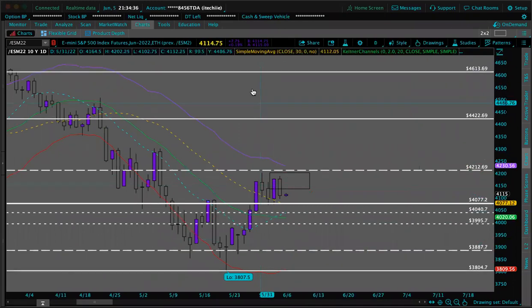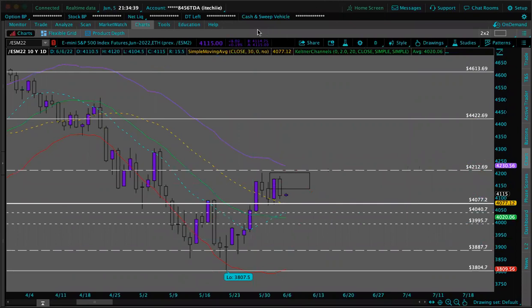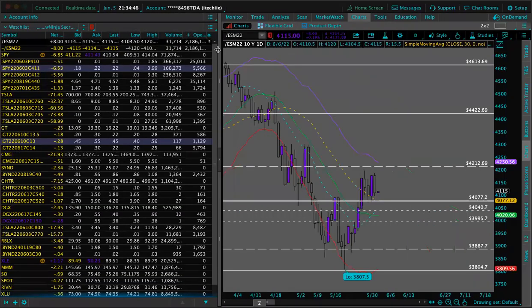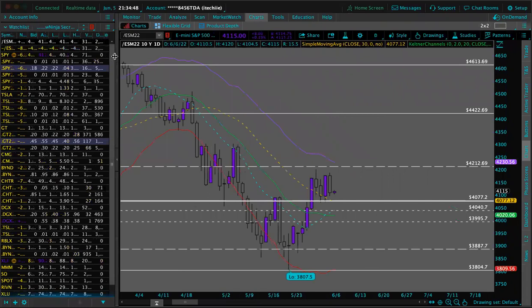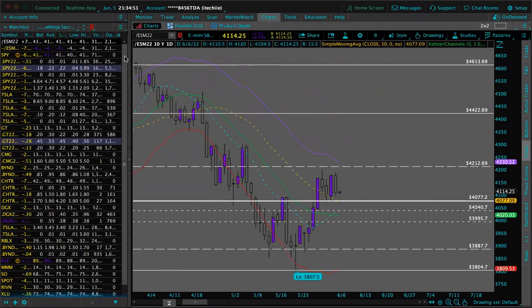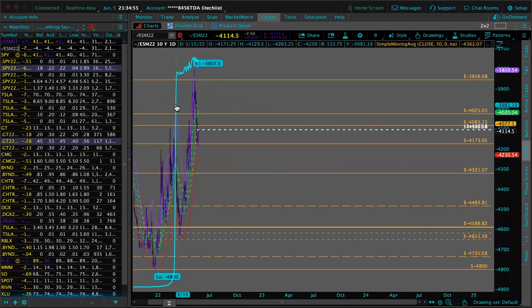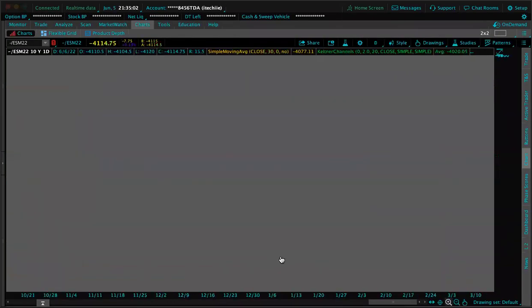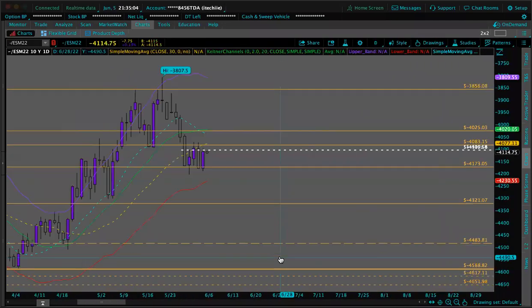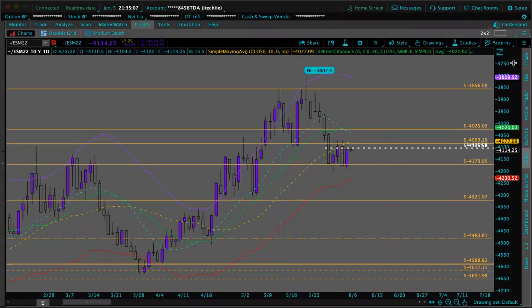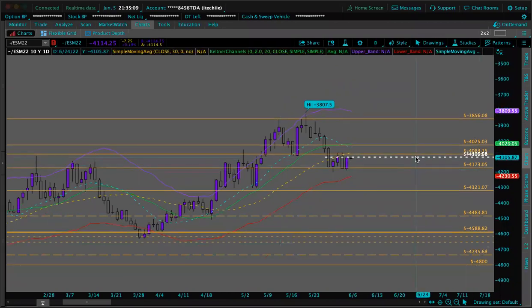So this is a standard ES chart. I'm going to show you the inverse chart as well. If you have Thinkorswim, you can put a minus sign in front of the symbol and that inverts it. For example, as you see here, this is an inverted chart.